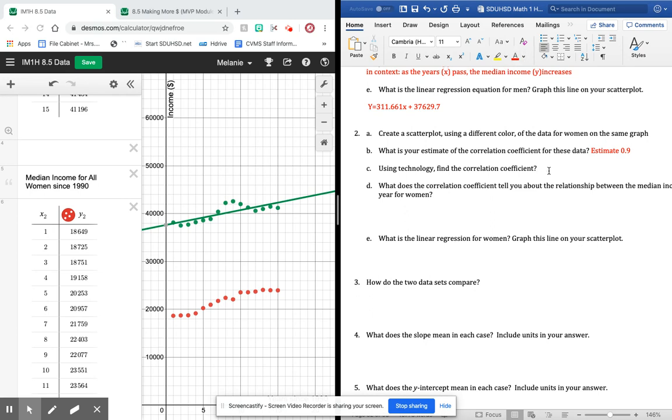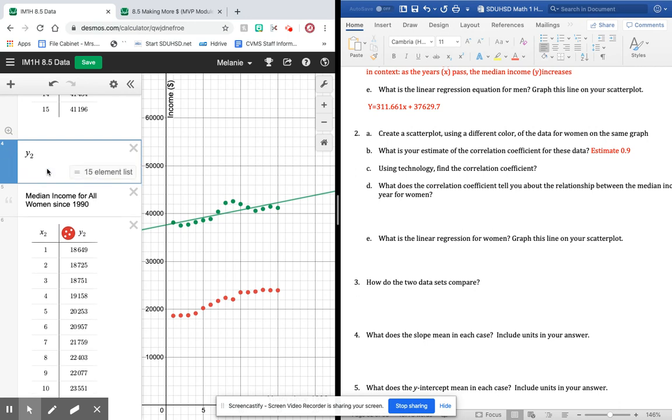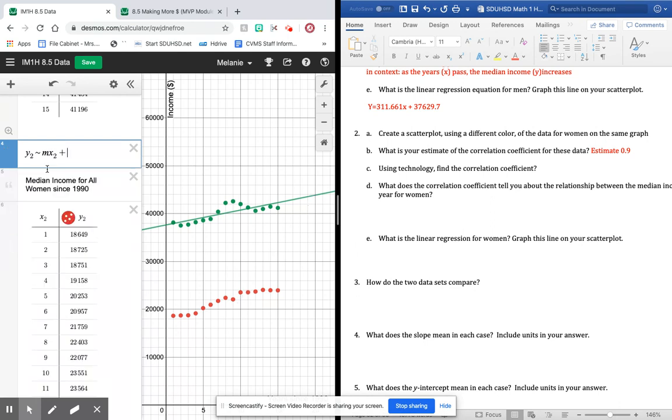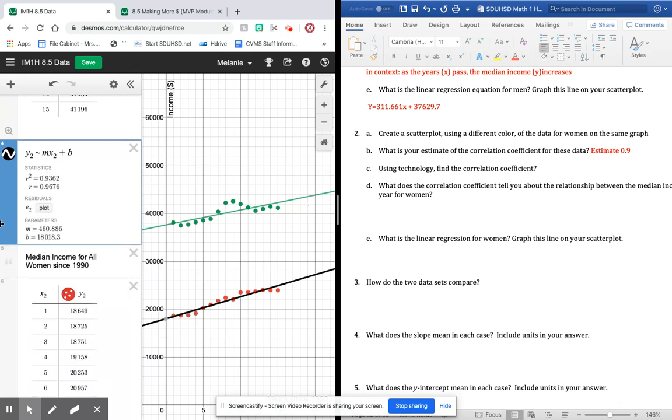So if I want to use technology to find that correlation coefficient, I can just put into Desmos the line of best fit for this table. Now that I'm using the x sub 2, y sub 2 table, I want to use y sub 2 equals m x sub 2 plus b. So I get a bunch of information here.